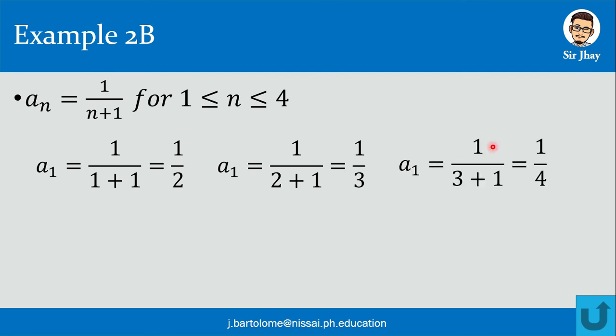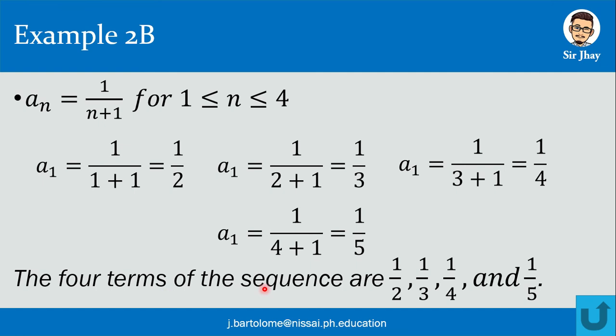Then a sub 3 equals 1 over 3 plus 1, which is 1/4. And last, a sub 4 equals 1 over 4 plus 1, which is 1/5. Therefore, the 4 terms of the sequence are 1/2, 1/3, 1/4, and 1/5.